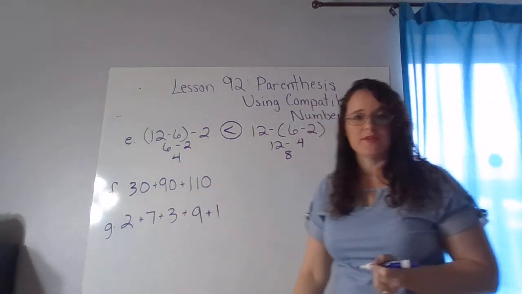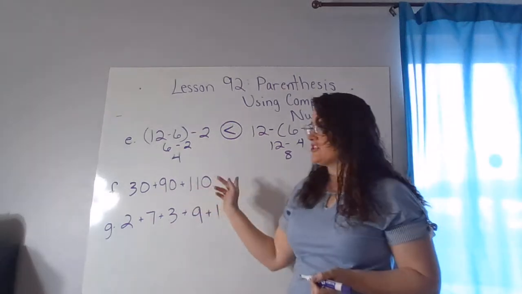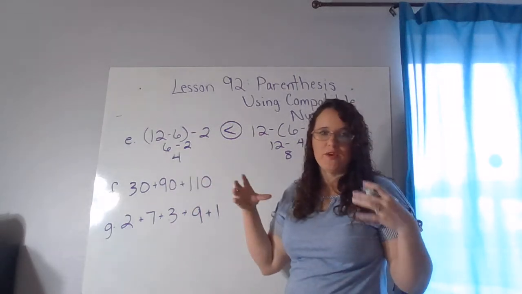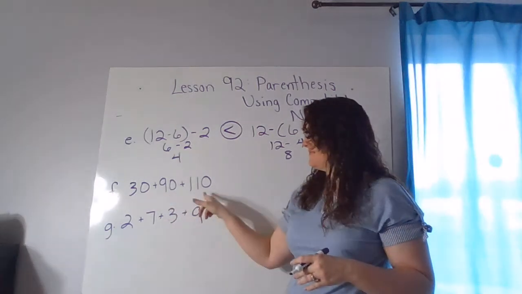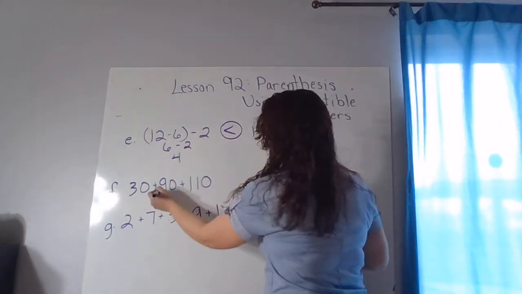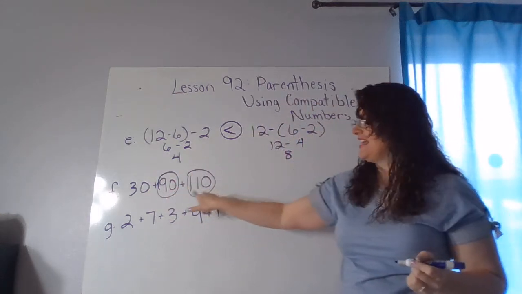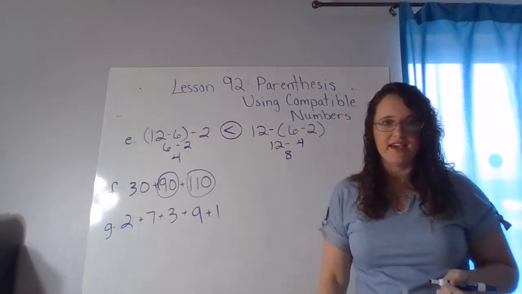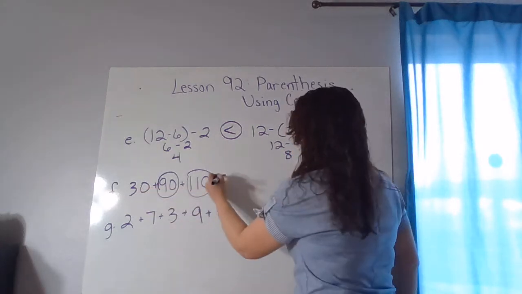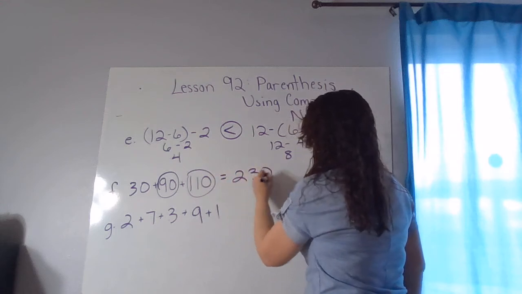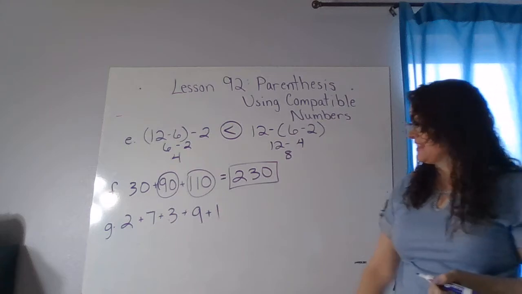For this one, you were supposed to identify the compatible numbers first. So which of these are going to make me an even 100, 200, 300? That would be the 90 and the 110. I see that 10 and go, ooh, I can add that to 90 and make 100. So I have 200 plus 30 for an answer of 230.